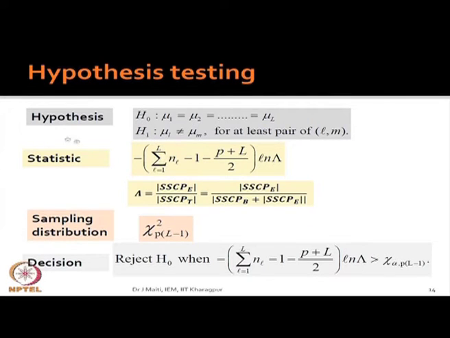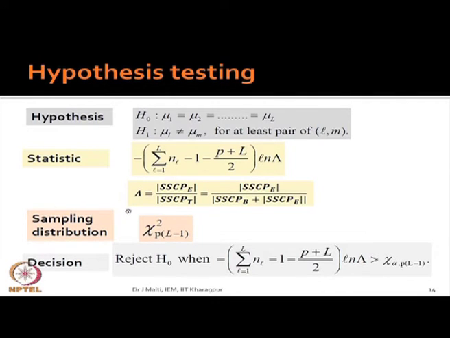You will use a statistic, minus within brackets, sum of n_l, l equal to 1 to L, that is capital N minus 1 minus (p plus L) by 2, log lambda. Okay, lambda, you know how to compute lambda. Then this statistic follows a chi-square distribution with p into (L minus 1) degrees of freedom.